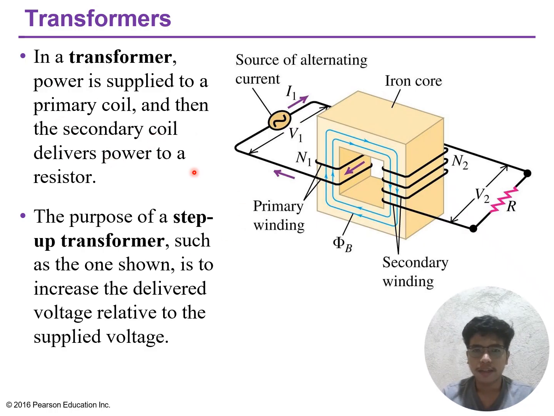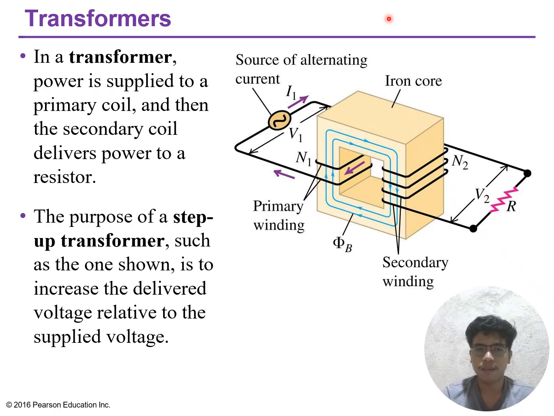The primary has N subscript 1 turns, receiving the alternating current I subscript 1 from an AC source, creating a changing magnetic flux, phi sub B, in an iron core, which induces voltage V sub 2 in the secondary winding with N sub 2 turns that delivers power to a load resistor R.